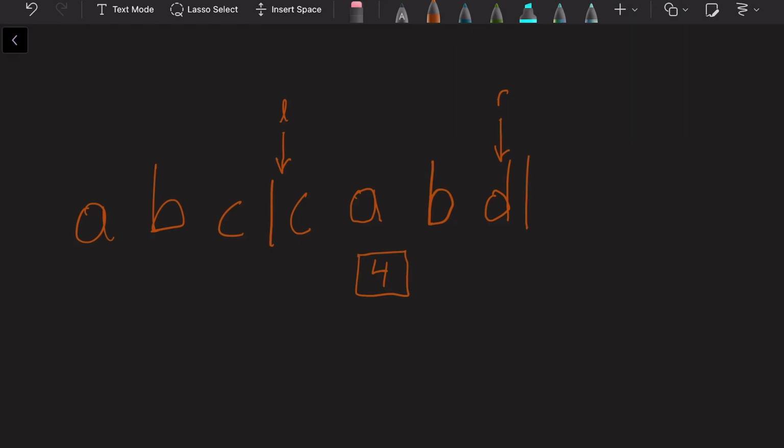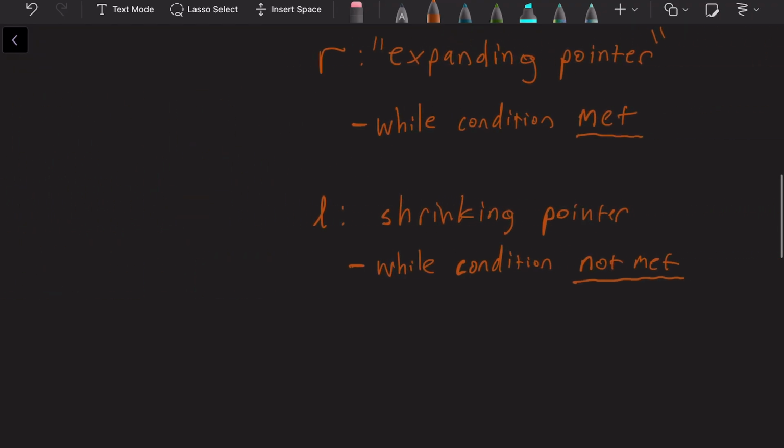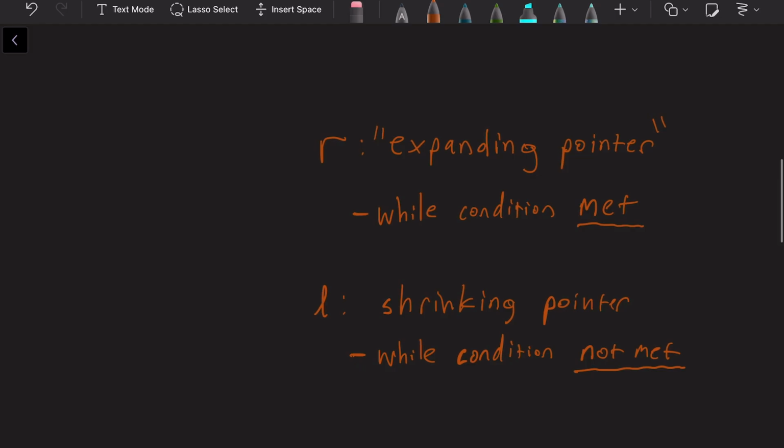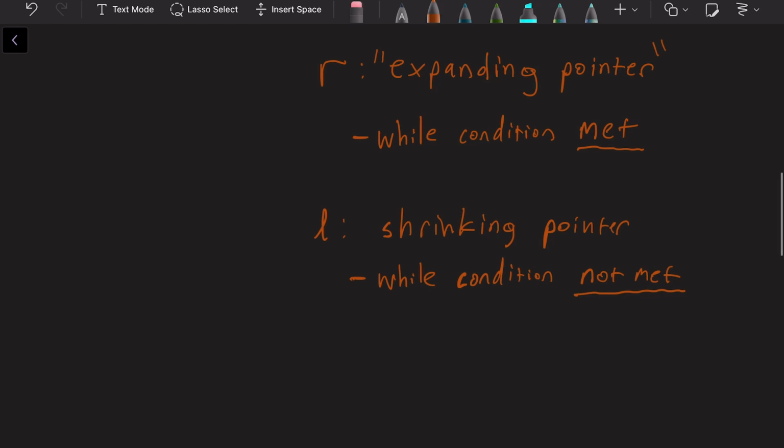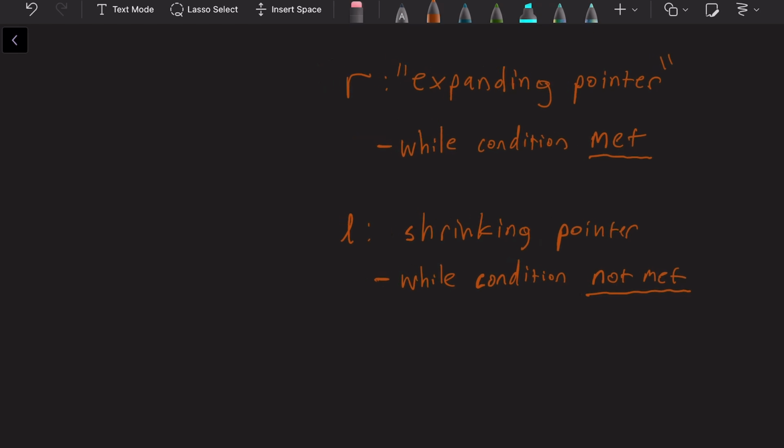So let's recap how we got to this solution. We had two pointers, but they moved depending on different conditions. If you remember, we expanded the right pointer while a condition was met. While we had no repeating characters, we kept expanding the window. But what did we do when we got to A, B, C, C?